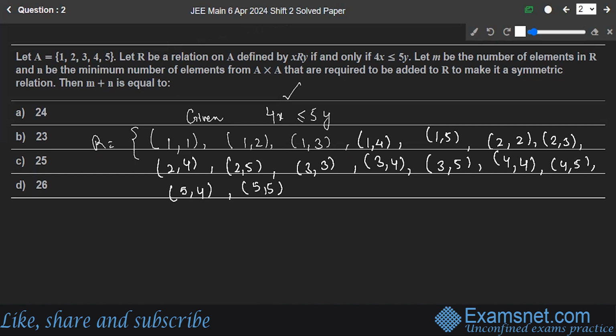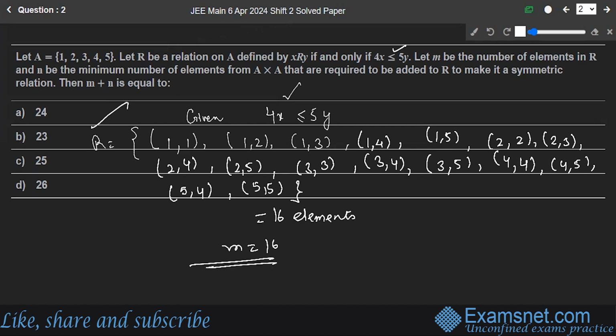These will be the set of elements in R which are satisfying this inequality. How many elements total? You have 16 elements. So M is equal to 16 over here.